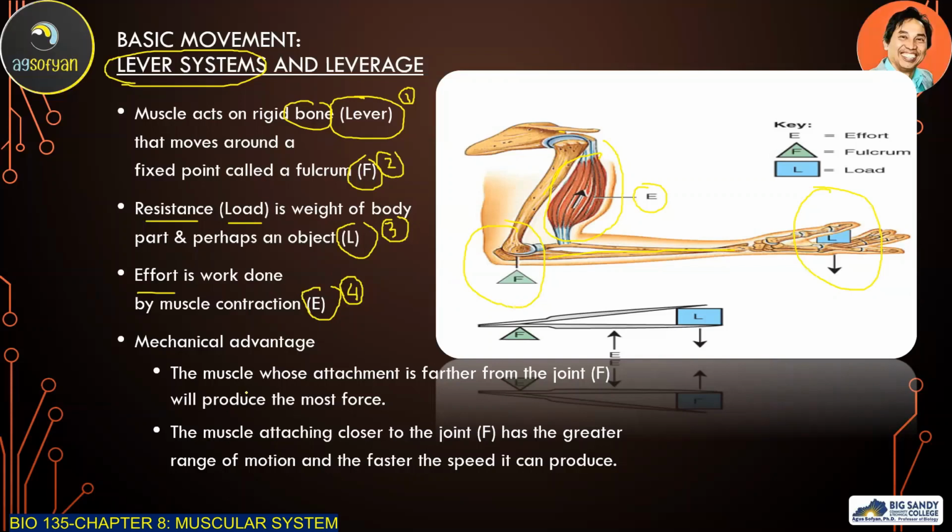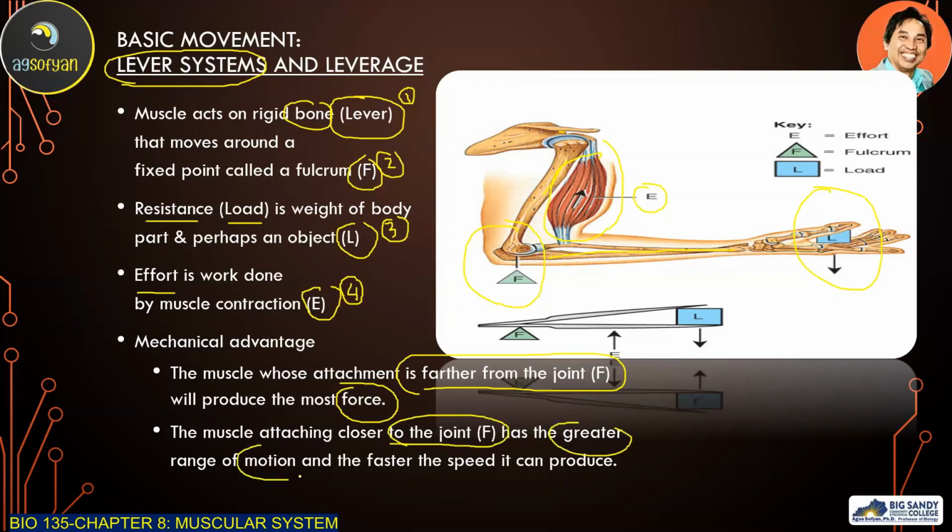The muscle whose attachment is farther from the fulcrum, or from the joint, usually gives stronger force. For example, our thigh muscles give a very strong force when we kick something from our hip joint. The muscle that attaches closer to the joint gives a greater range of motion.